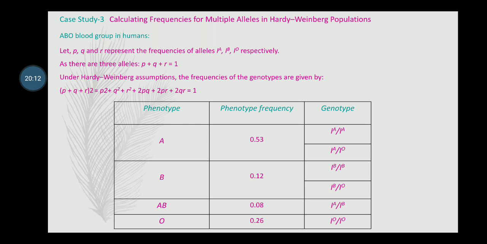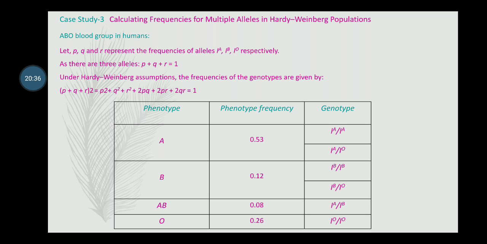Now, this data has been provided: phenotype A blood group frequency is 0.53, B blood group frequency 0.12, AB blood group frequency is 0.08, and O blood group frequency is 0.26. You need to get the genotype frequencies.